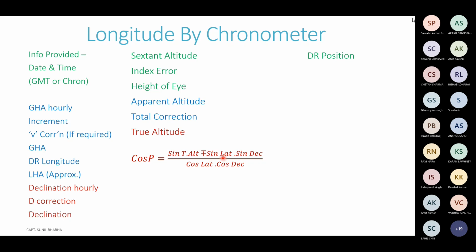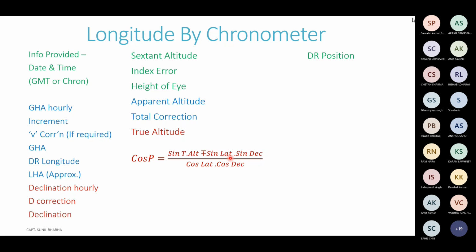So when latitude and declination are of the same name, we will have the upper sign, which is a minus in this case. And when they are of the opposite names, we will have the lower sign, and that is plus.